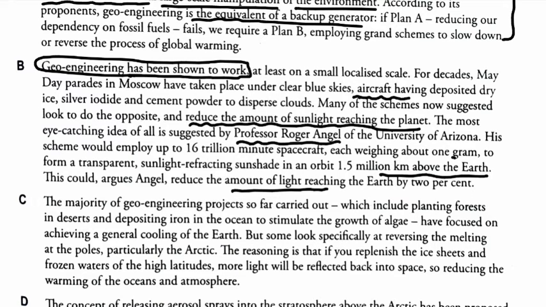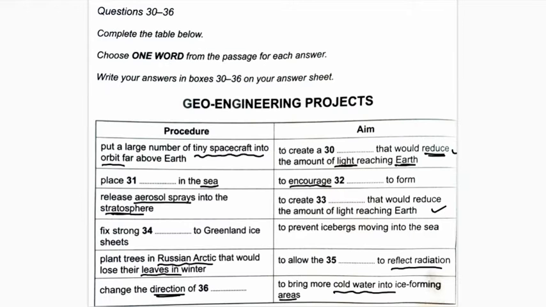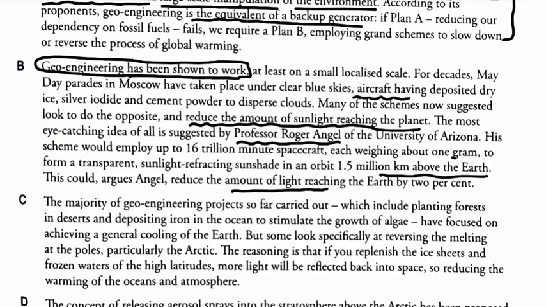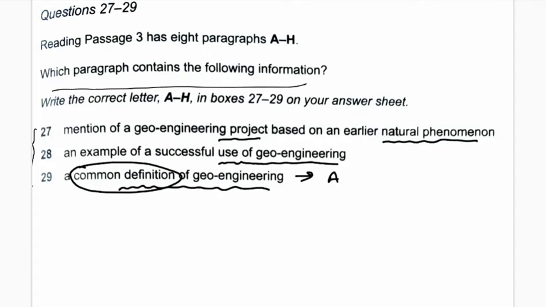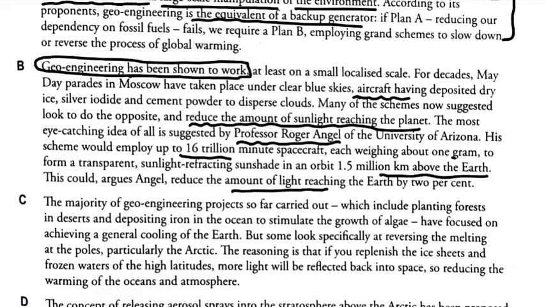Guys, I am just getting something from this statement. Just check, we have a condition somewhere here: put a large number of tiny spacecraft. Now guys, the large number is 16 trillion minute spacecraft. Here it is just a large number. Then far above earth: they have mentioned 1.5 million kilometers above the earth, so it is indicating far above earth, and reduce the amount of light reaching the earth.